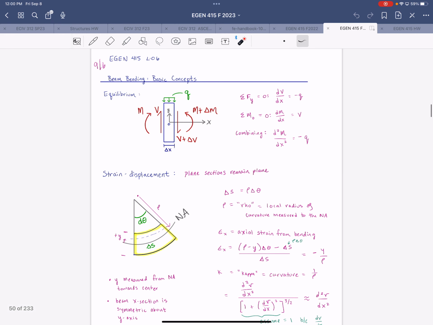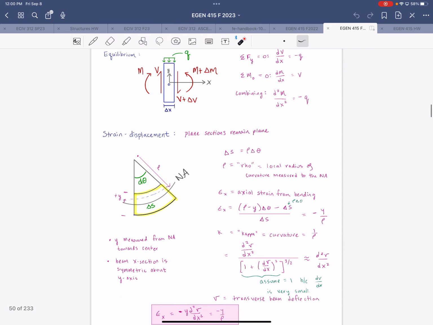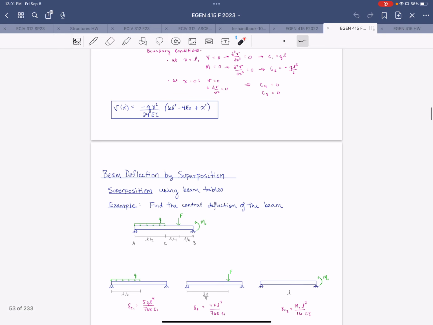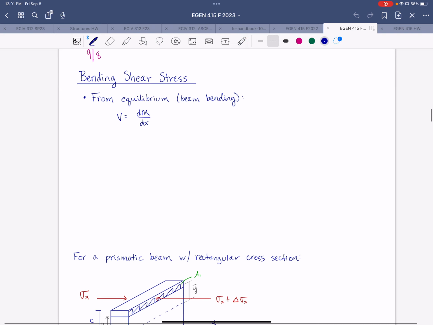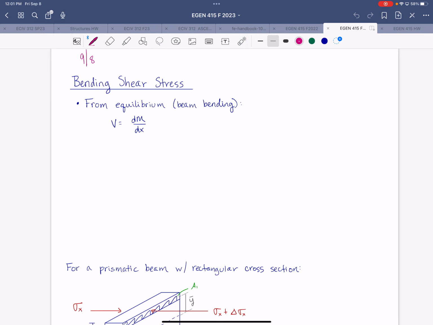Right, so from this, our shear is defined as dM/dx, and so that's what we're picking up here. And this is coming from shear. Bending shear comes from change in moment, right? So if the moment changes along the length of the beam, then it generates bending shear.